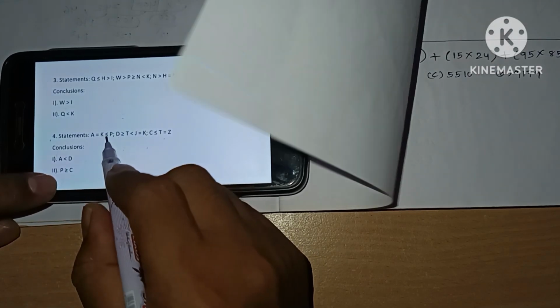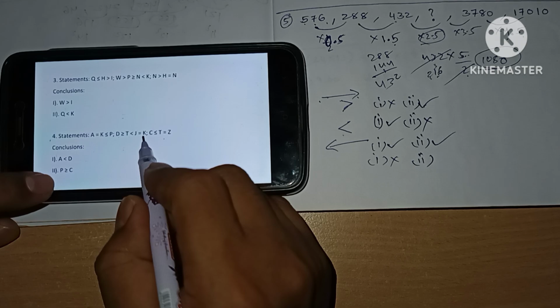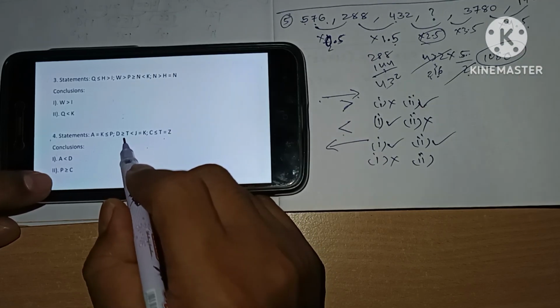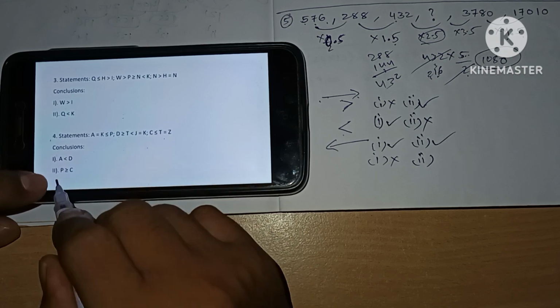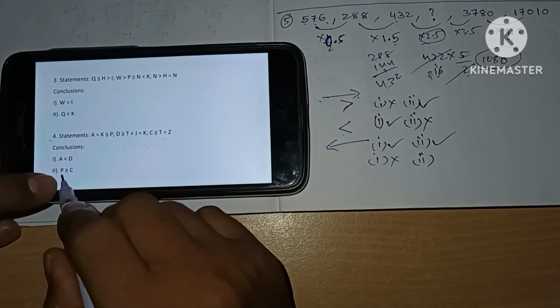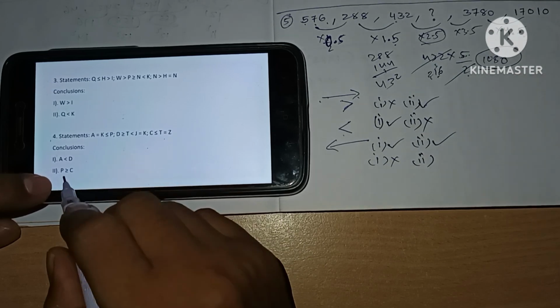From P we can reach to K. From K we can reach to J and T. From T we can reach to C. So it is possible to reach P to C, but there is missing of equal to in between here. So this case fails.